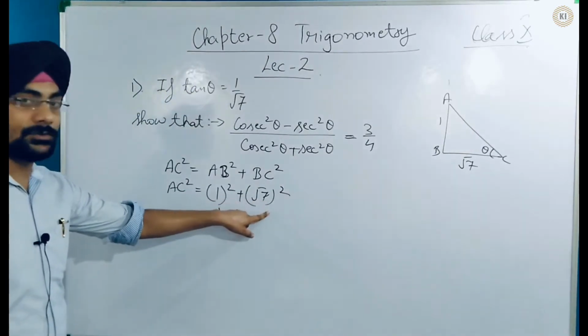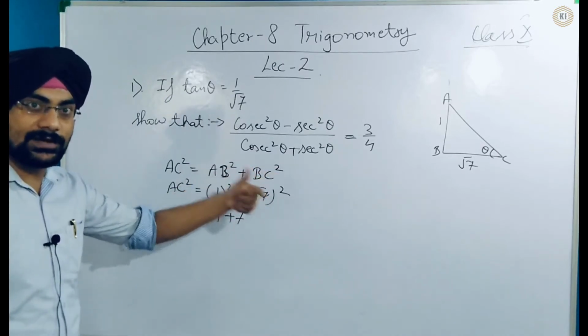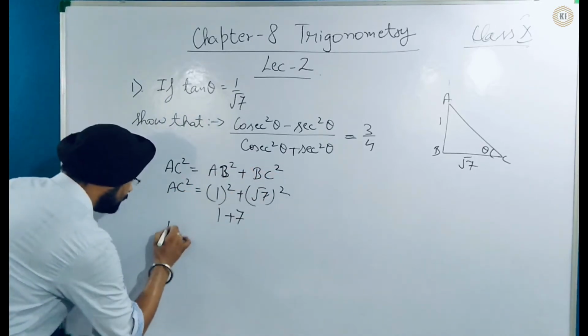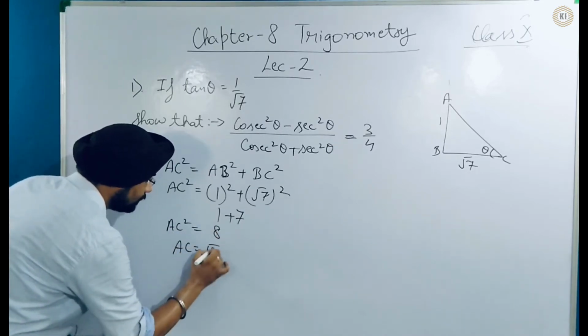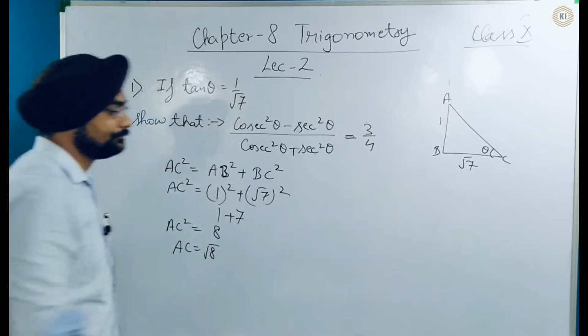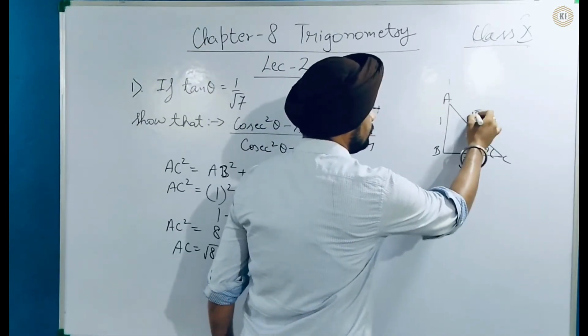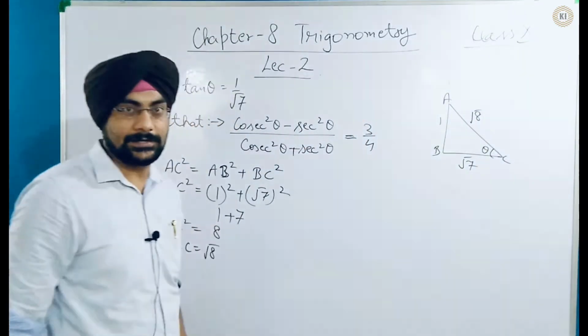Whenever we square a square root value, the square root sign is removed. So the value of AC square will be 8, so the value of AC is square root of 8.